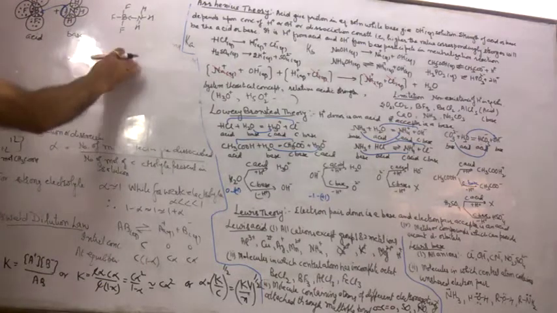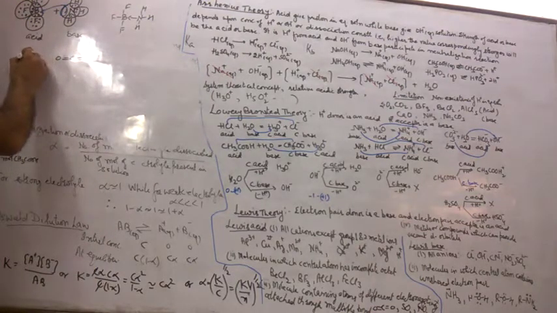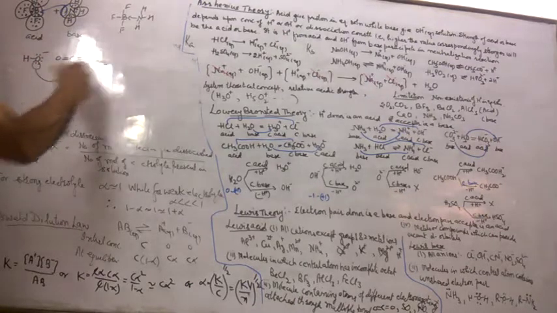Similarly, carbon dioxide and HO negative. So this electron pair can be donated to this one.